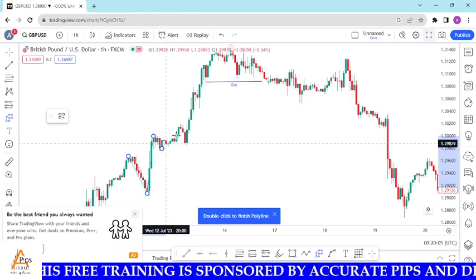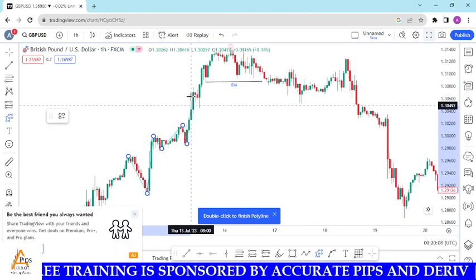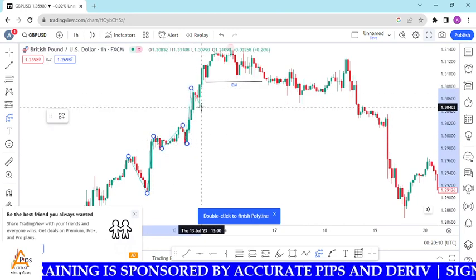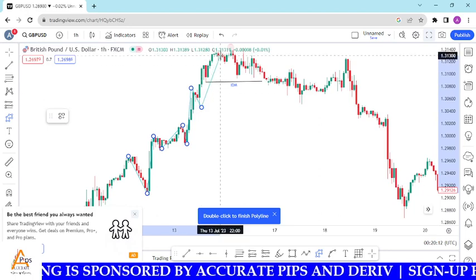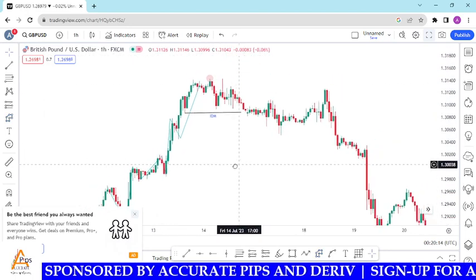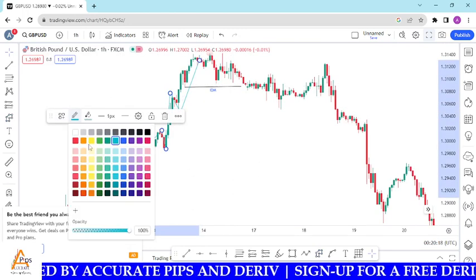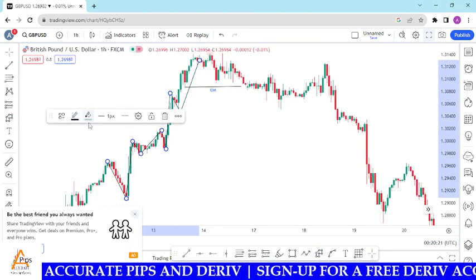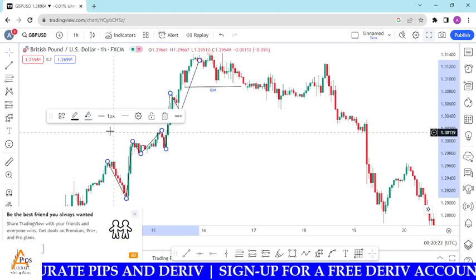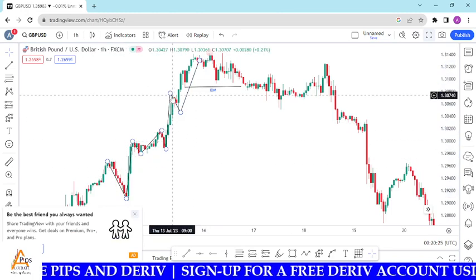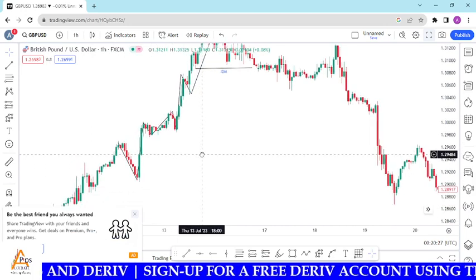Okay, you would have seen them mark something like this. This would have been their structural marking, and you have the high at the top there. Okay, that would have been their structure that they would have been marking in the market, without taking into consideration the things we took into consideration when we're looking at structural marking.